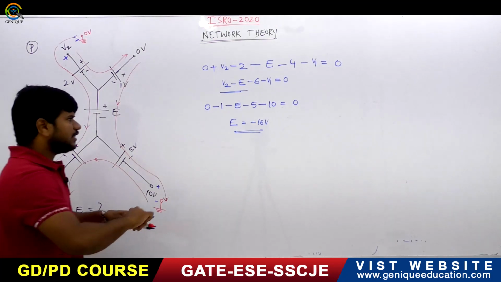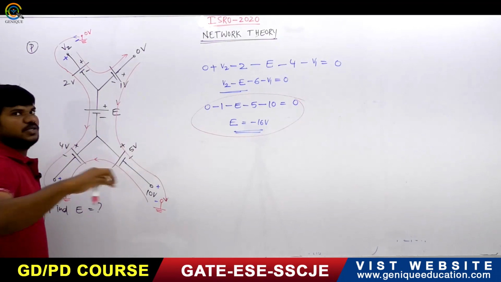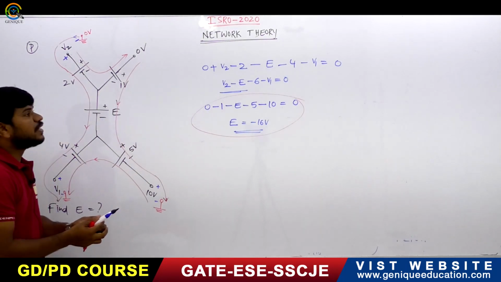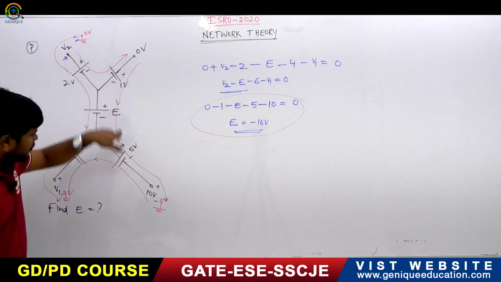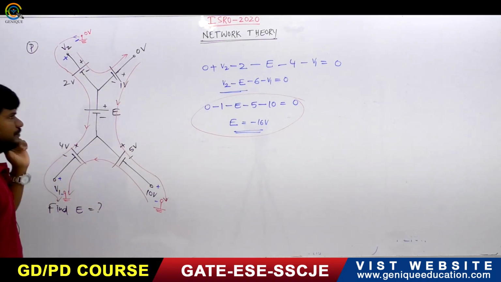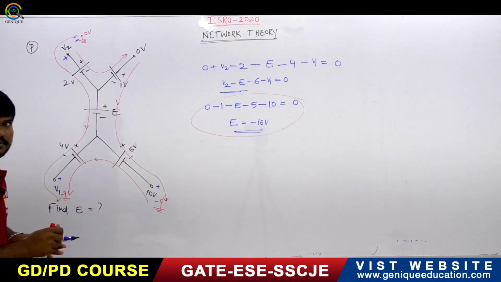Observe this, within a simple one KVL we got this. So you have to identify which loop I have to take, either this loop or this loop or this loop. Like this you can identify.